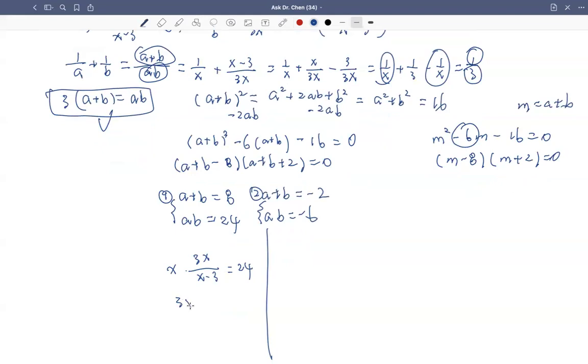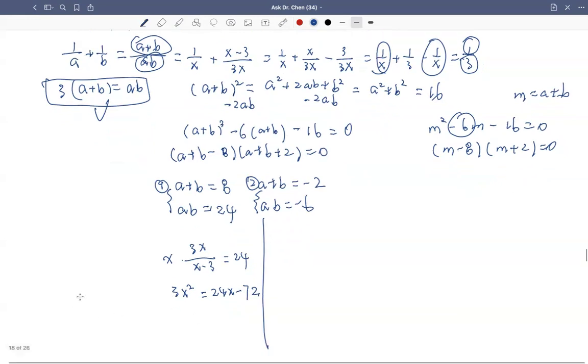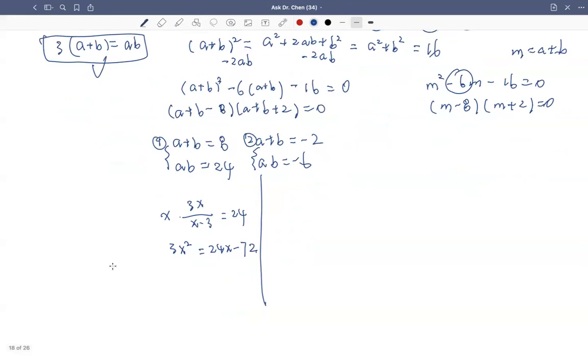Then we have 3x squared equals 24 times (x minus 3), which is 24x minus 72. Then we see 3 is a common factor, so we can divide by 3.